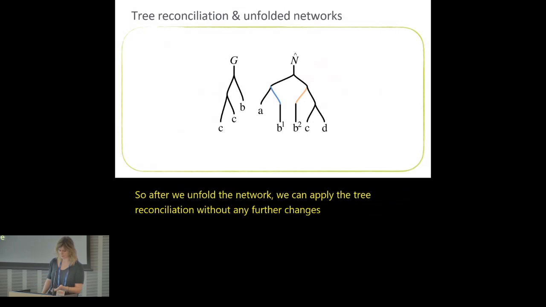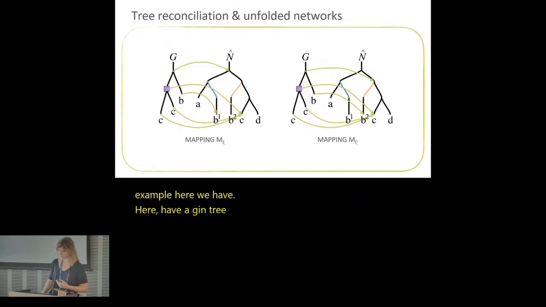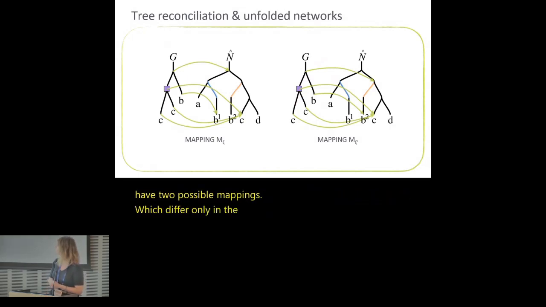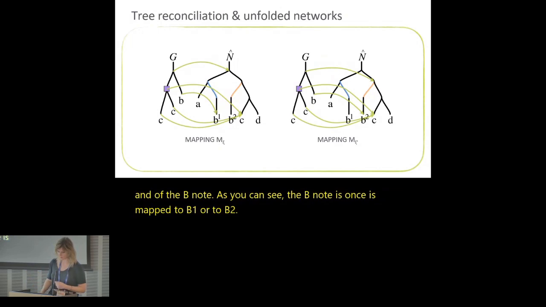For this example, here we have a gene tree and the unfolded network. Here we have two possible mappings, which differ only in the mapping of the root of the gene tree and of the B node. As you can see, the B node is mapped to B1 or, in the second mapping, to B2.